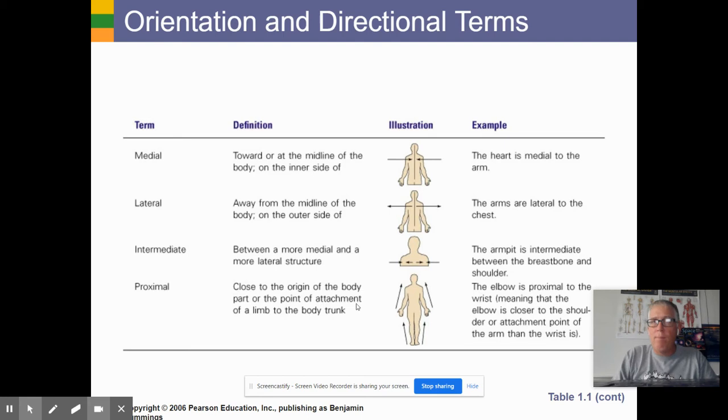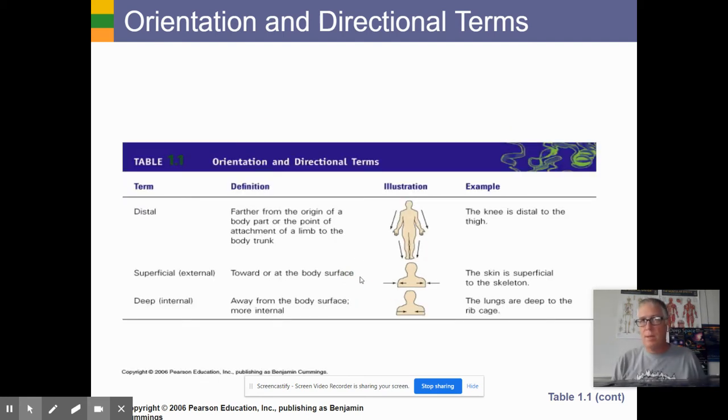Let me use a different one. Distal means it's further away. So I could say, using my arm again, my elbow is distal to my bicep. My elbow is further away than my bicep is.